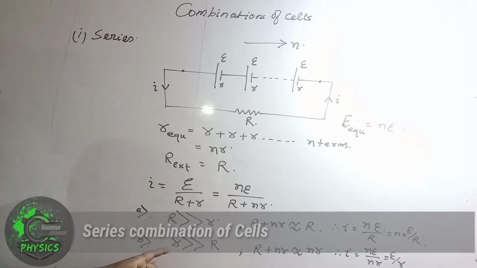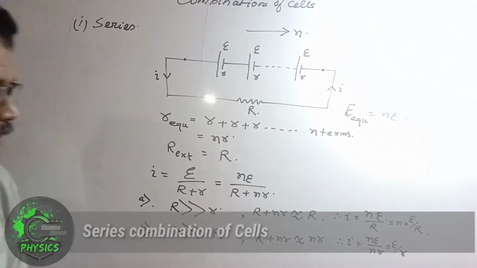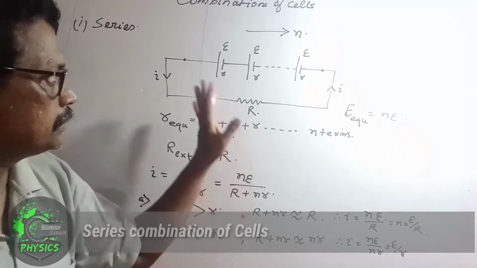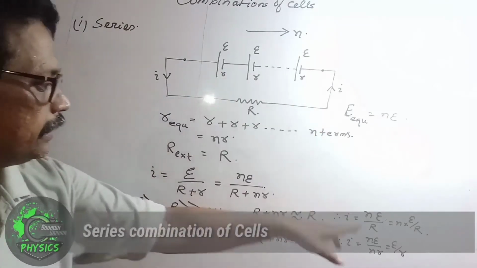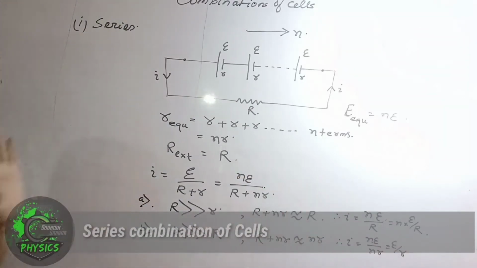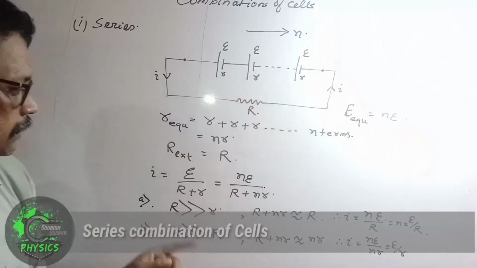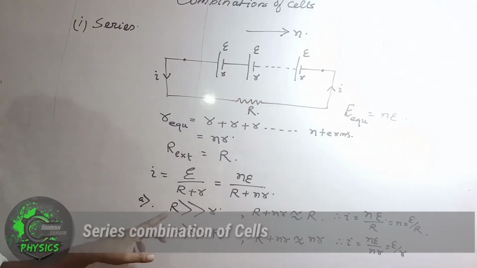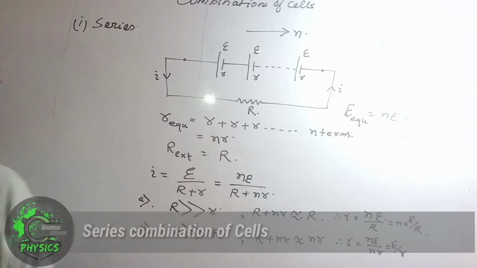In case the internal resistance of each cell is very much larger than the external resistance, the series combination of cells has a disadvantage. You connect a number of cells, but you get only the current drawn from one cell, which is a disadvantage. So we should connect the cells in series only when the external resistance is very much larger than internal resistance.